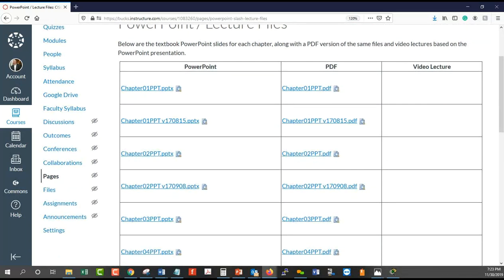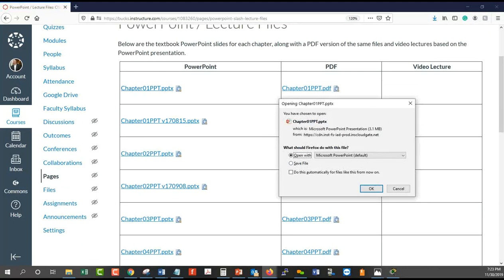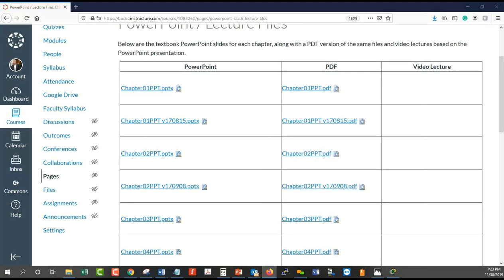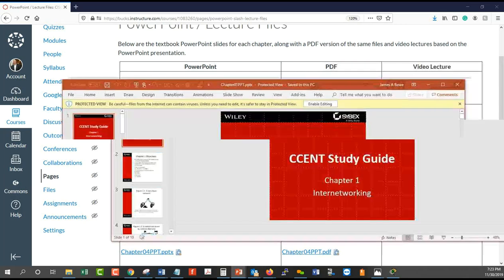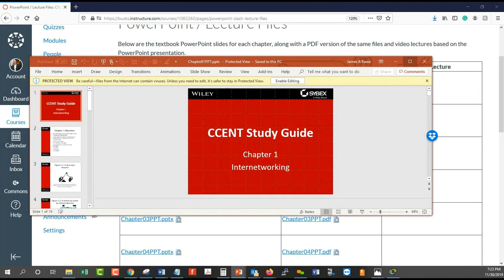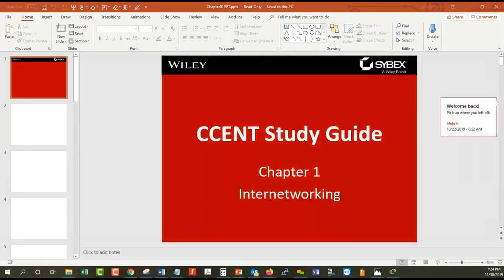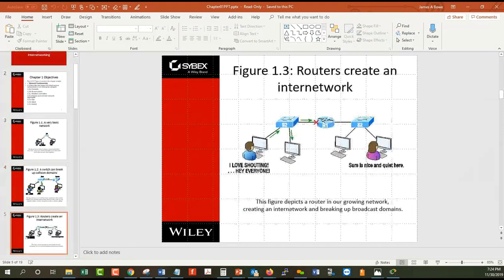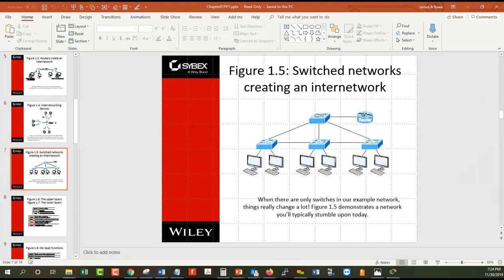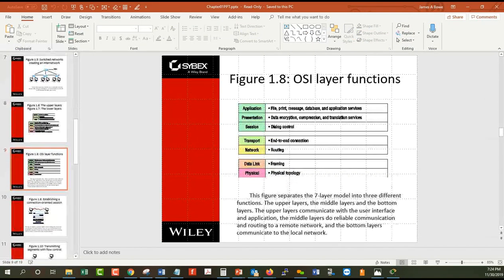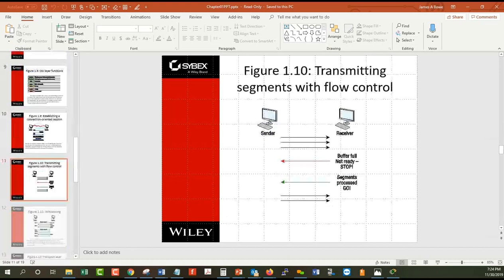Let's just open up some of these other chapters. I think we pretty much have gone through chapter 1. I just want to go through these early chapters quickly. Okay, we talked about all of this. We talked about the layers.